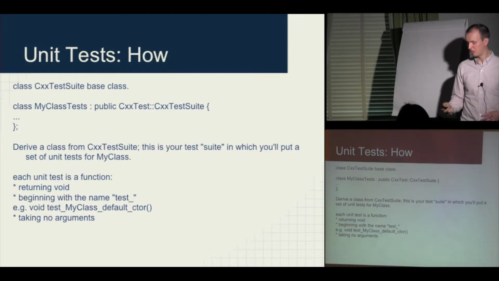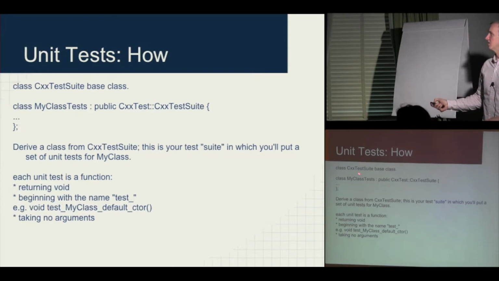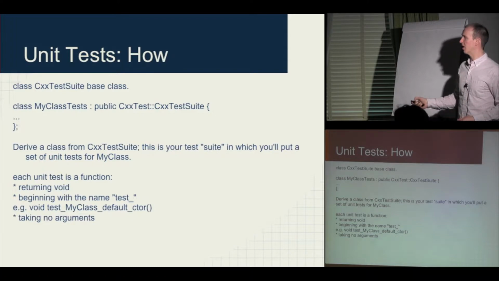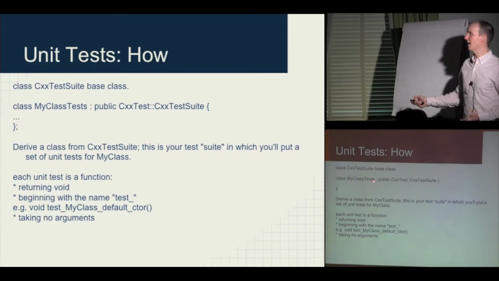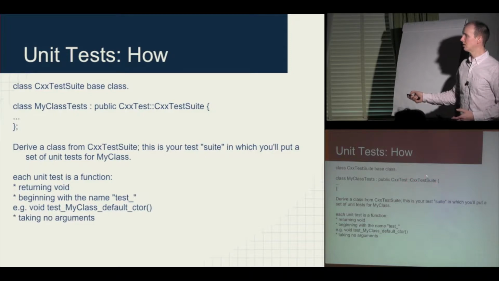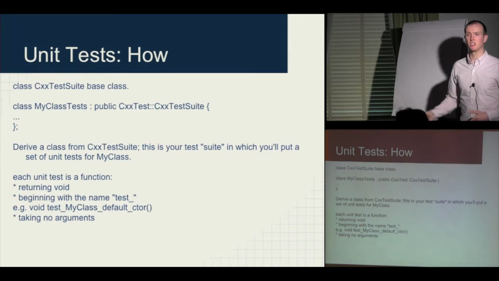I think that's what's going on with Cxx. So it's the Cxx Test Suite. This is a base class, and what you're going to do is derive a new class from it. So you say my class tests, and it'll derive publicly from, in the namespace Cxx Test, Cxx Test Suite, and then you'll put some things inside this class.